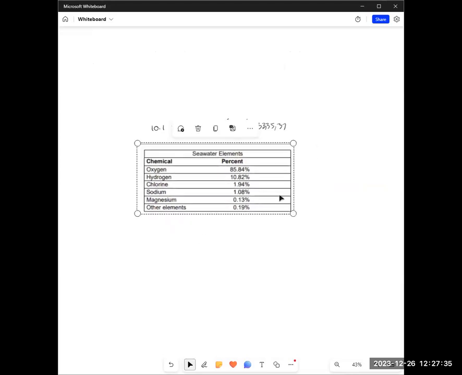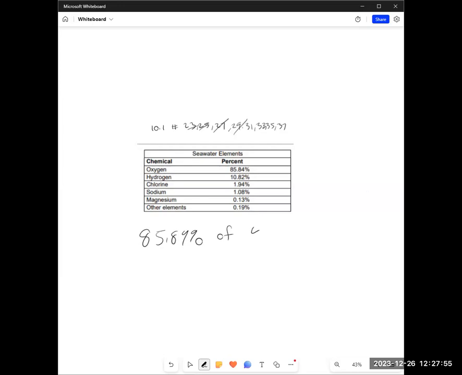There you go. And it asks me if a sample of seawater contains 45 milliliters, how many milliliters of oxygen are in the sample? So 85.84% of 45 milliliter sample.